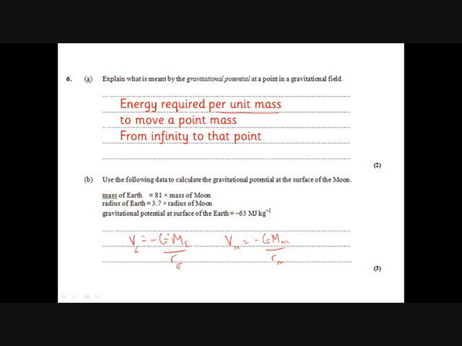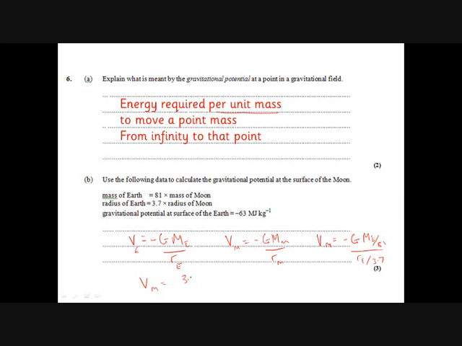So what we need to do is put in the missing numbers here. So V moon equals minus G. Instead of putting the mass of the moon, I can put the mass of the Earth divided by 81. And then instead of putting the radius of the moon, I can put the radius of the Earth divided by 3.7. So if I rearrange that, that gives us V moon.